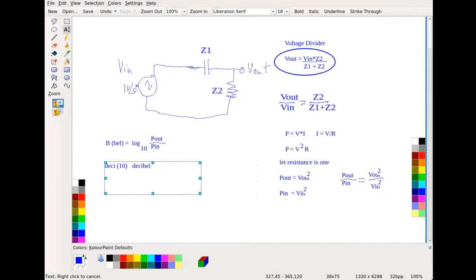So 1 bell is equal to 10 of these decibels. And so we abbreviate the decibel with a lowercase d, capital B, right?